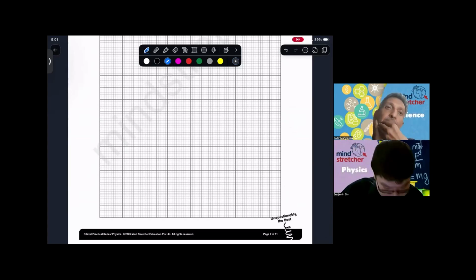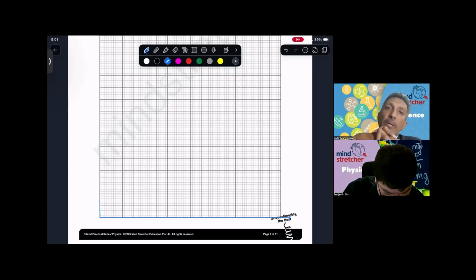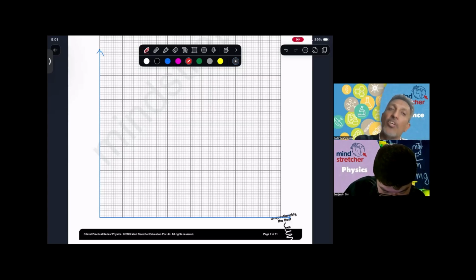Like just now, most of the time we'll be plotting the graph portrait if it allows it. But in this particular question, to turn the graph and draw landscape was a better choice.